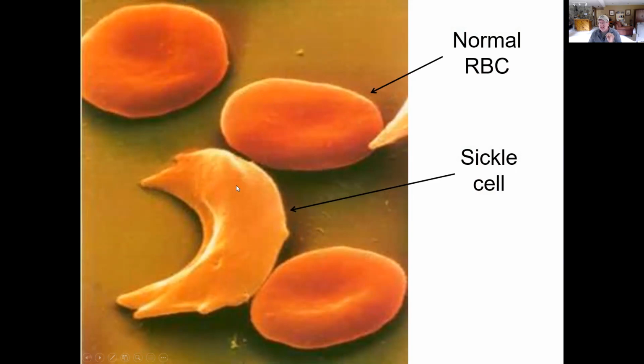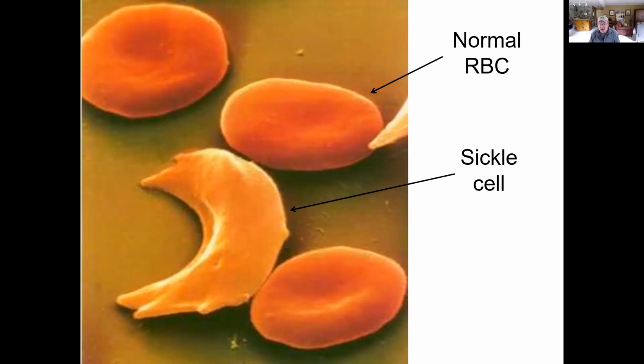But if you have the wrong base put in, one base creates a different amino acid being brought into the polypeptide, and that creates the weird sickle cell shape of the red cell. This can clog up capillaries. It can impede gas exchange between blood and tissues. It can cause pain. That is a pretty significant impact, I would argue, isn't it?